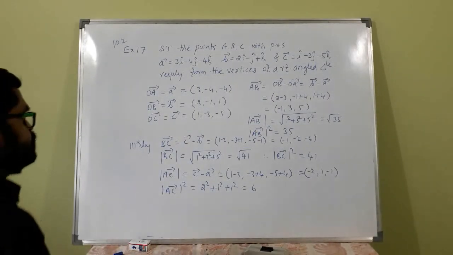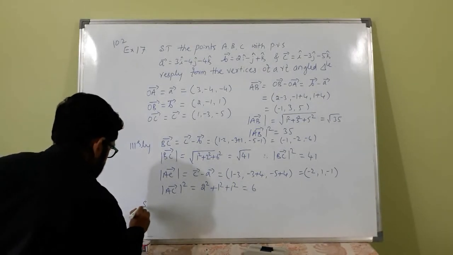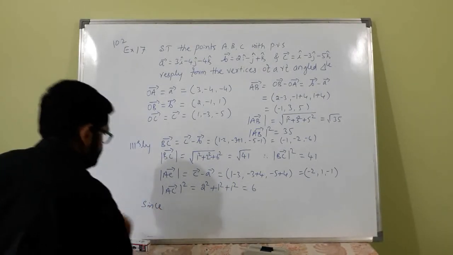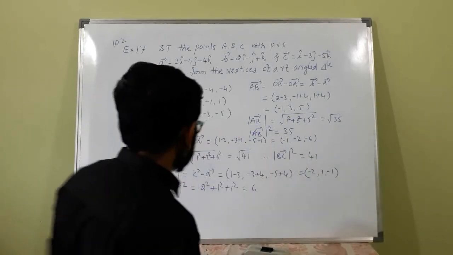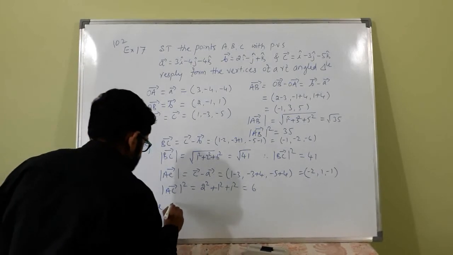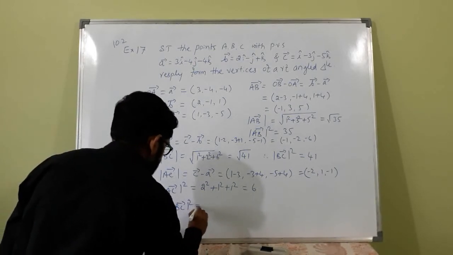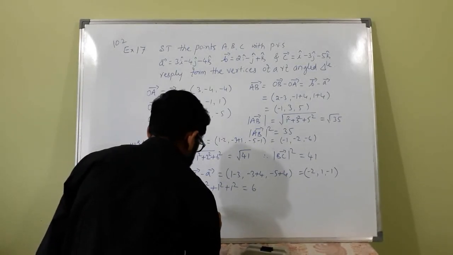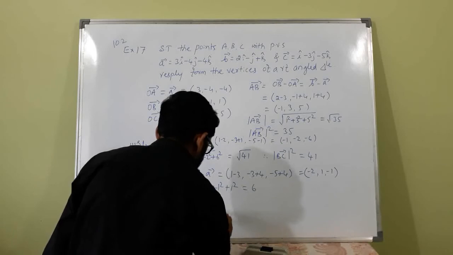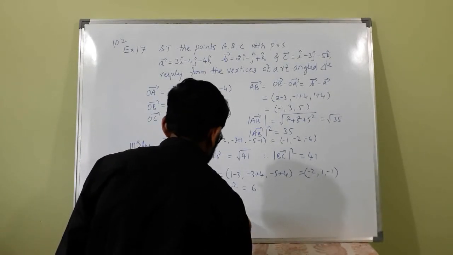See, since this is 41, BC square is equal to AB square plus AC square, 35 plus 6.